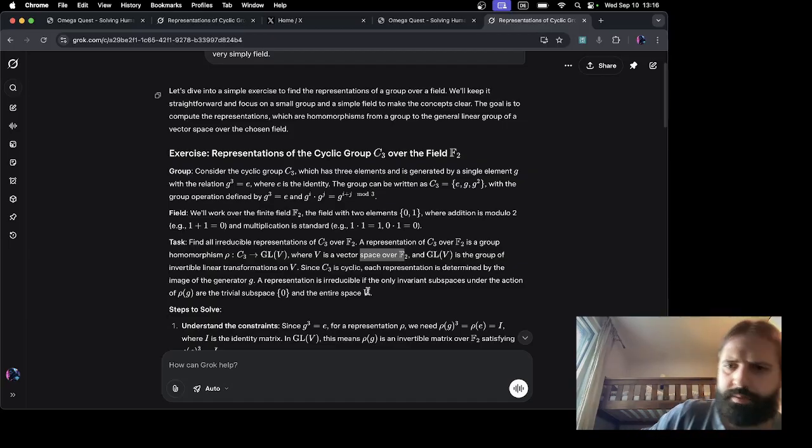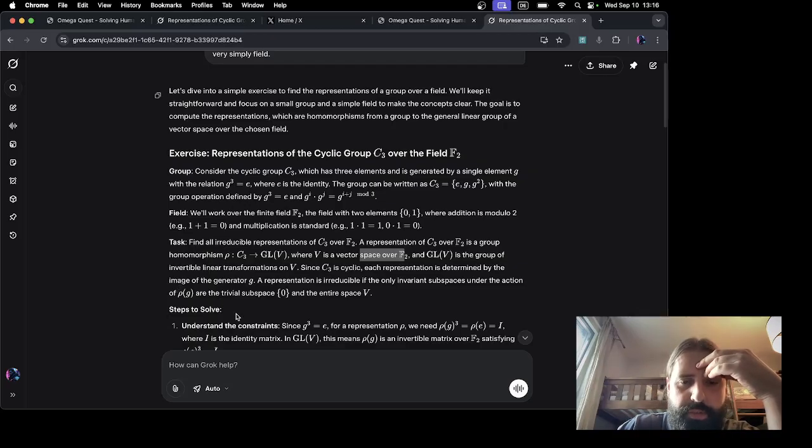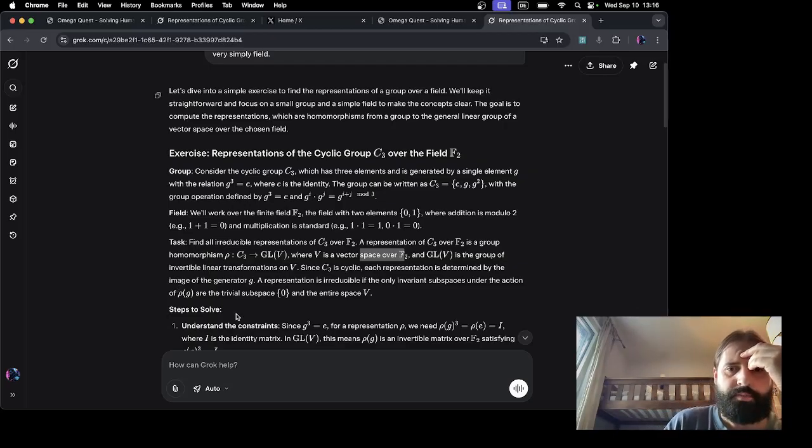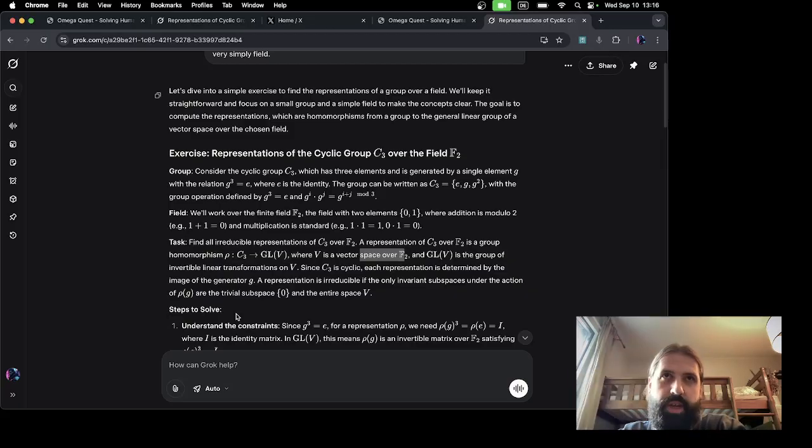So GL(V) is the group of invertible linear transformations on V. I guess by these we mean linear transformations, operations within that V, maybe just basic multiplication and addition.